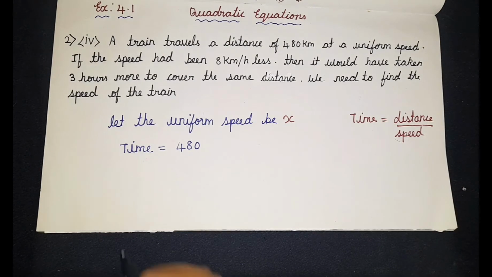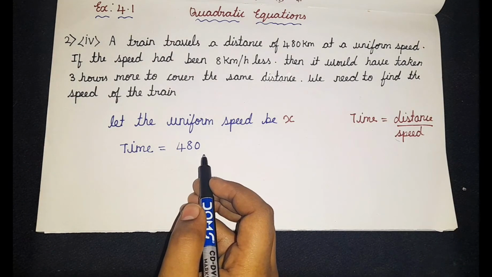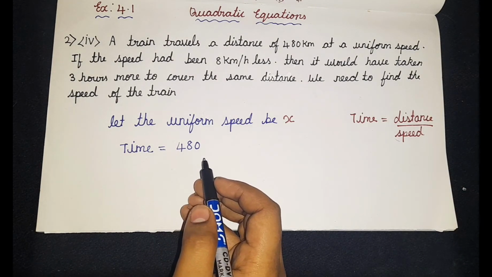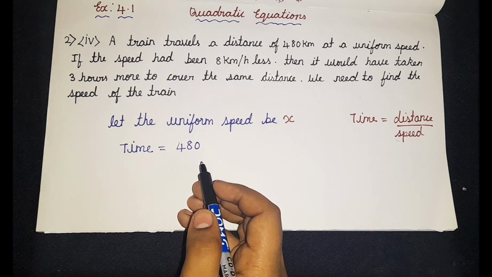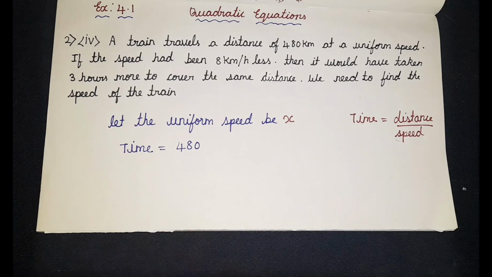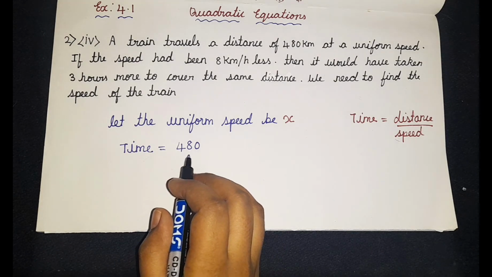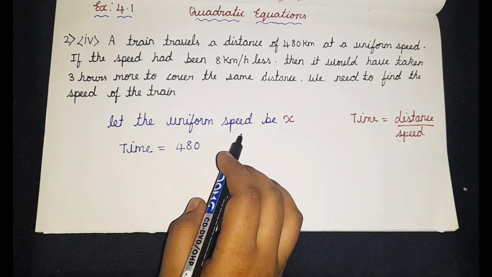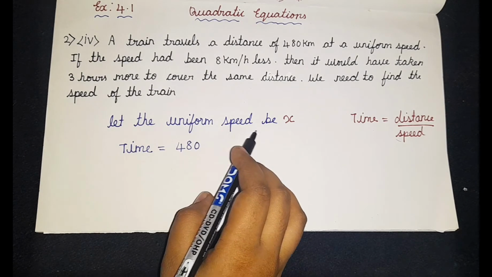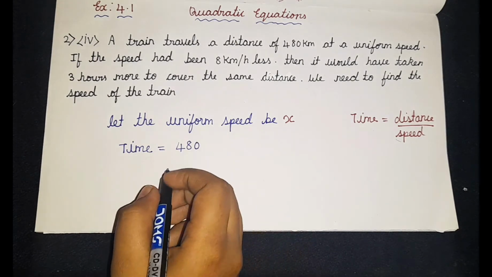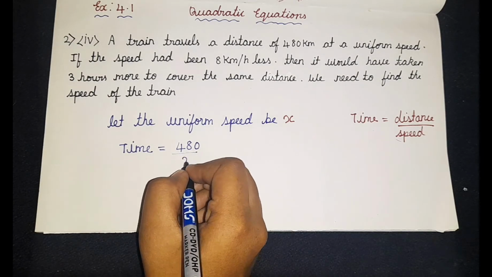Here you might be wondering whether they are talking about the uniform speed or a normal speed. Don't worry. Until here we have got only one speed, that is the uniform speed. We took the uniform speed as x, so we can just write divided by x.